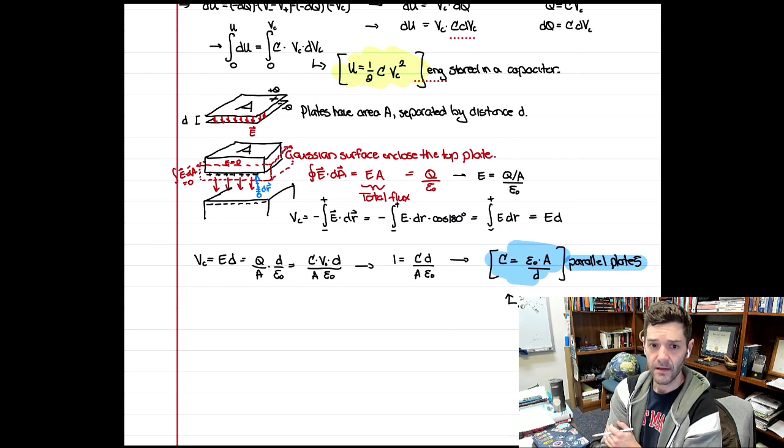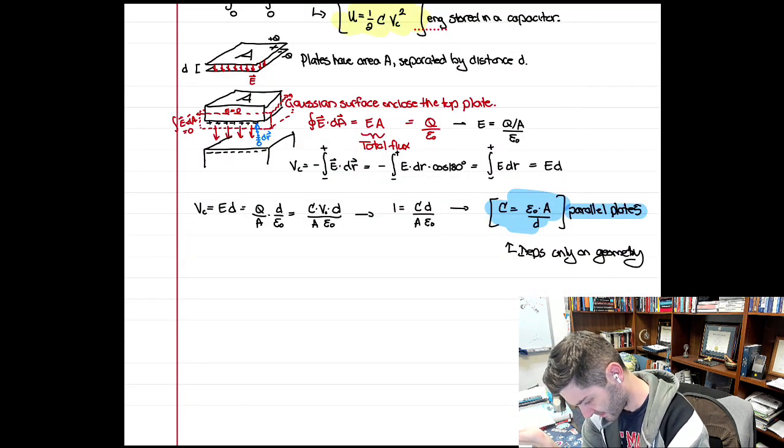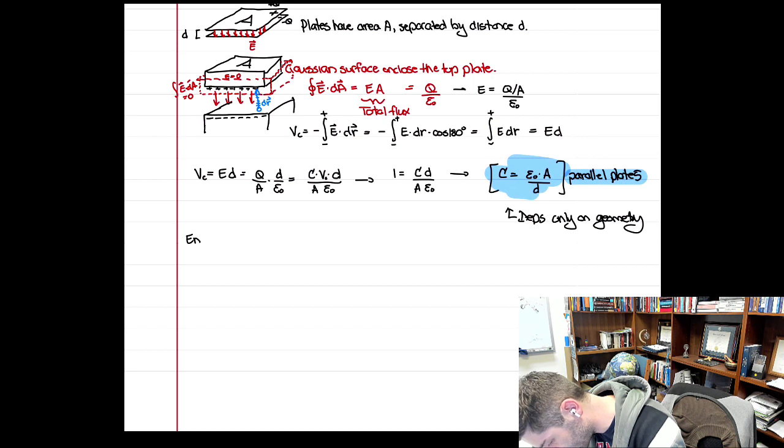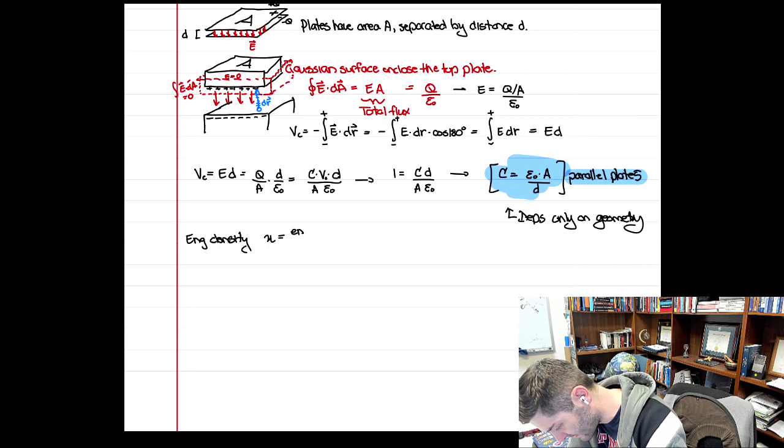Now we know the potential difference connects to the electric field. But we can also write it more explicitly, which is also a nice general result, in that we can define the energy density of the capacitor. And that's usually lowercase u, which again, an energy density is an energy per volume in this case.